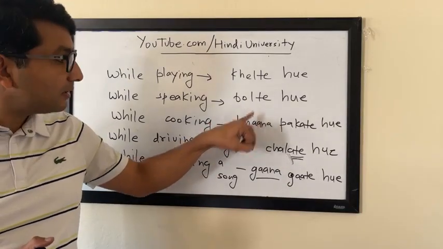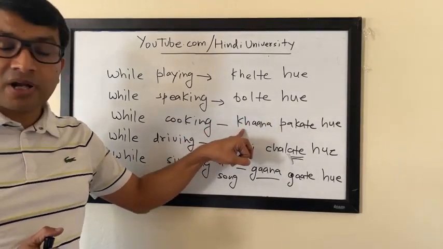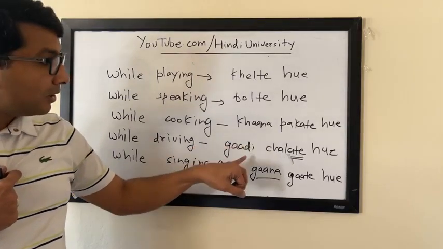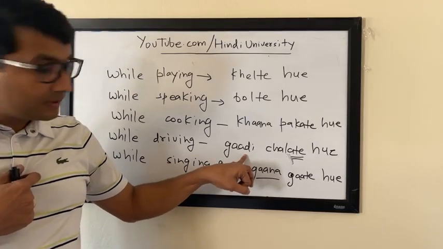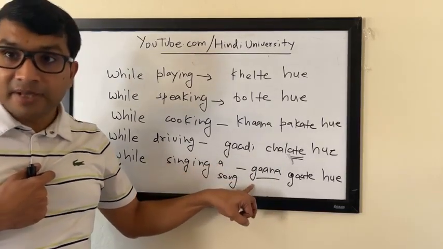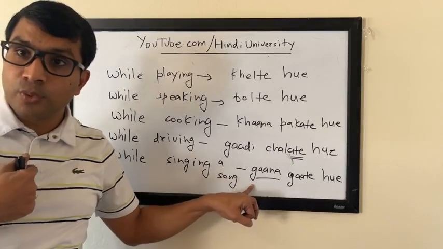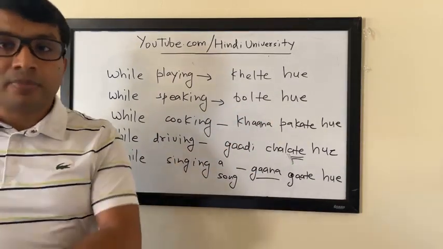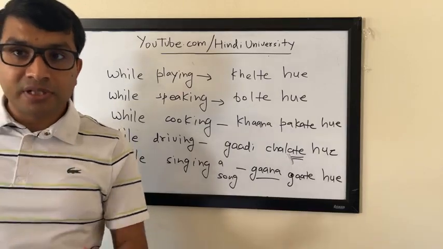It's just like that. Okay. Again, I can say खाना पकाते हुए मैंने यिरका को देखा. While I am doing the cooking. और गाड़ी चलाते हुए मैंने यिरका को देखा. और गाना गाते हुए मैंने यिरका को देखा. All of them, I am doing these actions. It can be done by object as well, and I am doing the seeing.